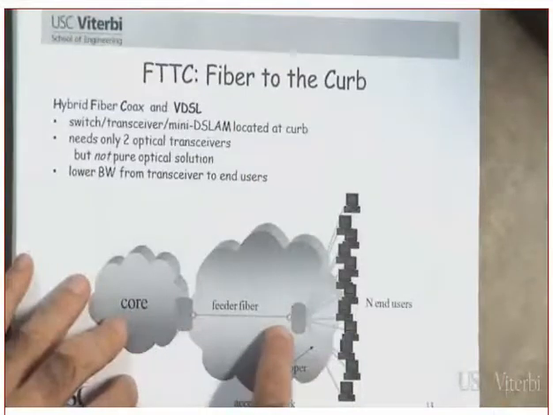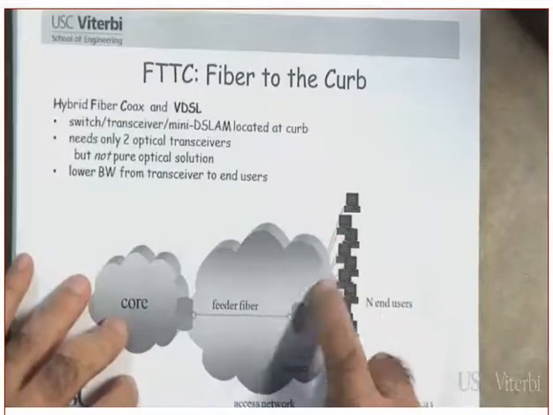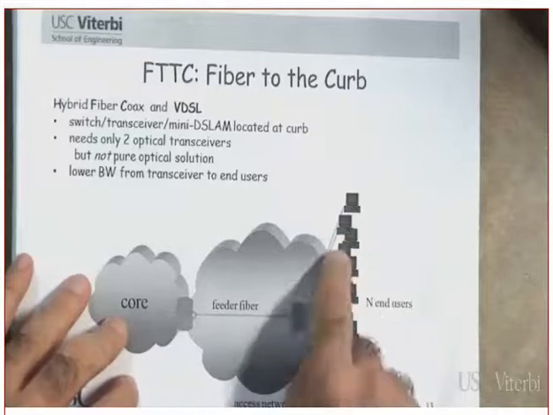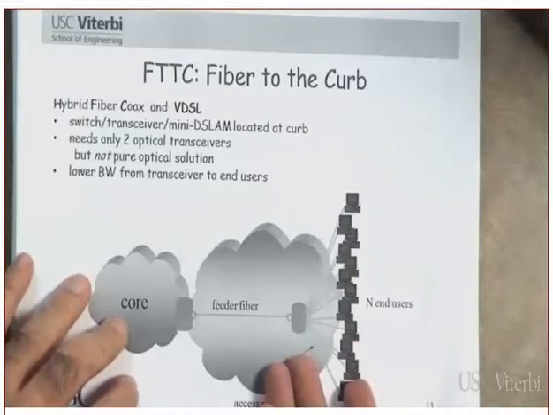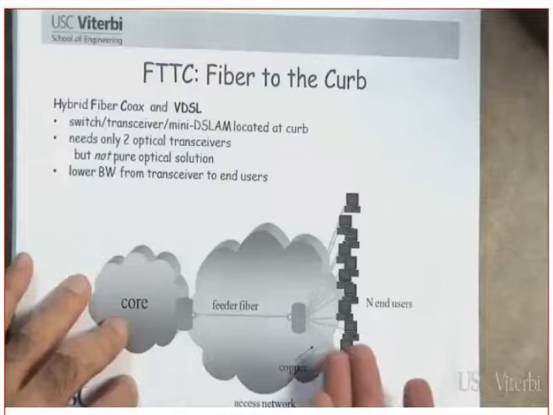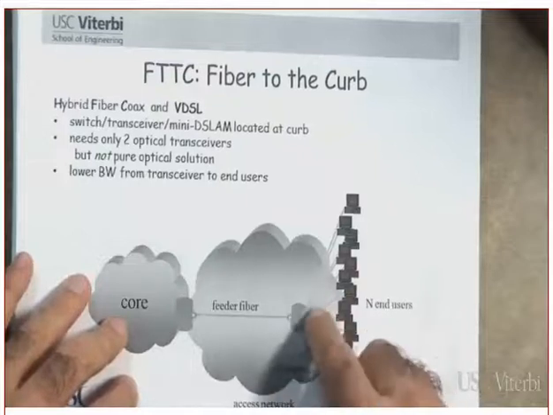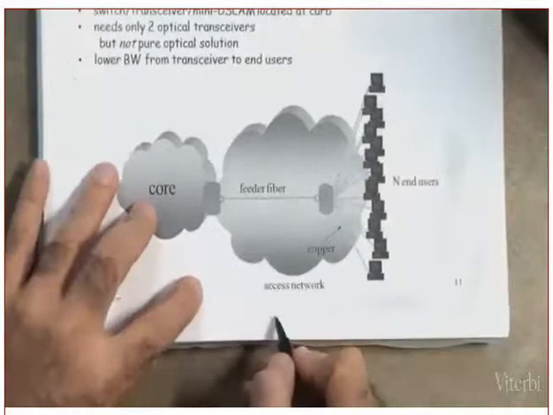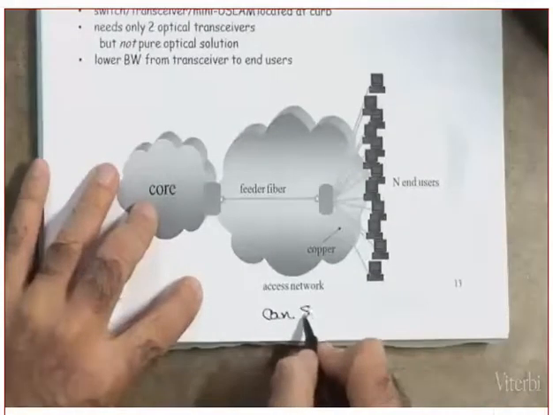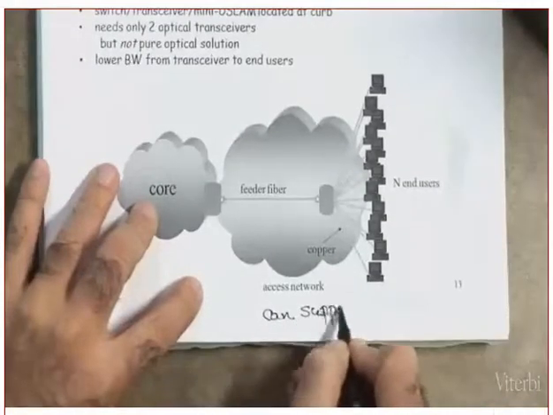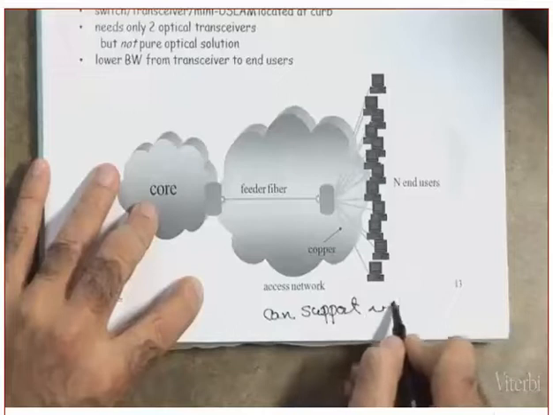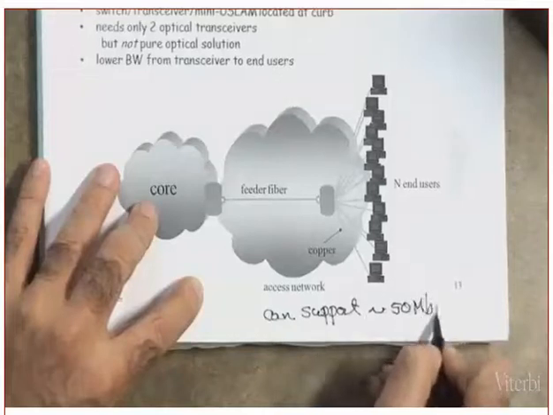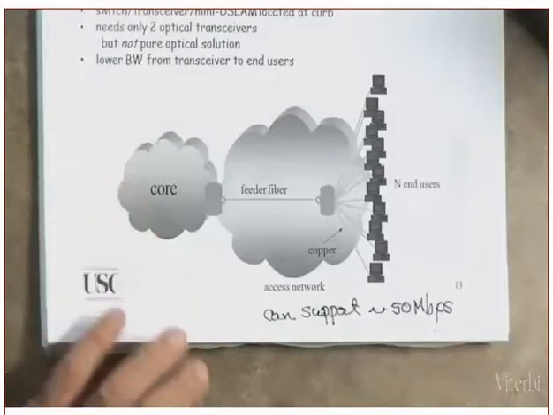So the first solution is what we refer to as fiber to the curb, where we extend the fiber all the way to the curb, and then we extend copper wires to the home. But what did we say about this last time? This is not a pure end-to-end fiber, because these are copper wires. But this one can support roughly, like I showed you last time, 50 megabits per second.